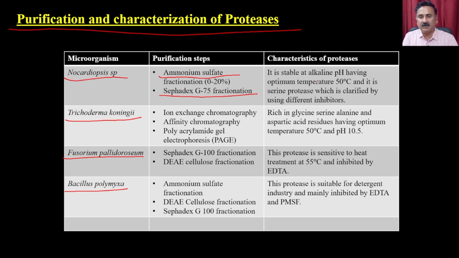When you produce the protease, you can do the enzyme assays and so on. Similarly, for the protease from Trichoderma, you can do ion exchange chromatography, affinity chromatography, and then PAGE to purify the protease, and you can do the characterizations using this.